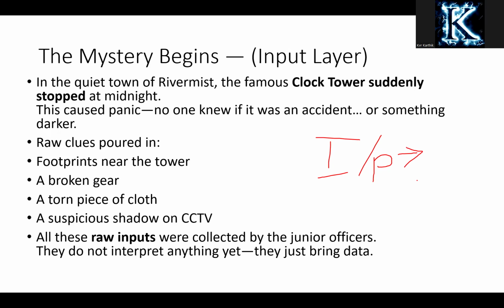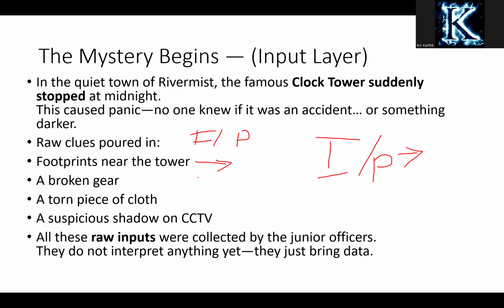So how can we identify them? We are going to take all the inputs as raw inputs, like the footprints at that clock. Whoever went to that clock on that particular day before the stop time should be investigated first.